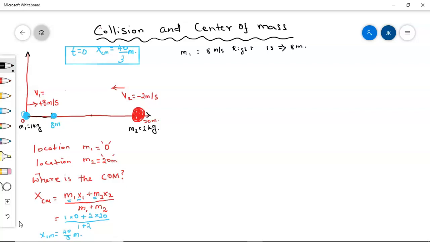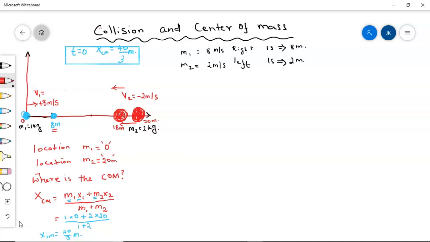And what about mass 2? The speed is 2 meters per second to the left. So in 1 second it moves 2 meters. The bigger object moved 2 meters from 20, which means it is now located at 18 meters, and this object is located at 8 meters.